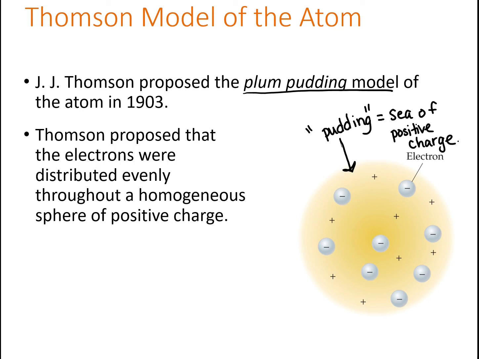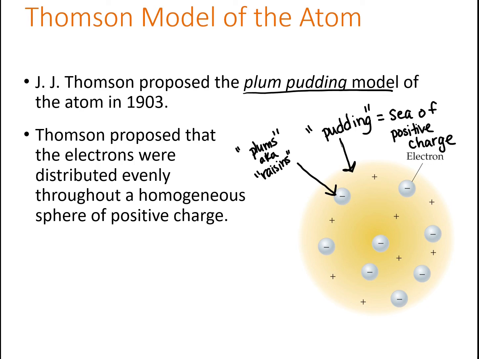And the electrons, which are these little spheres with a negative in them, those are the plums, aka raisins. So you'll see plum pudding model. You'll also see raisins. Plums and raisins are the same thing in this context.